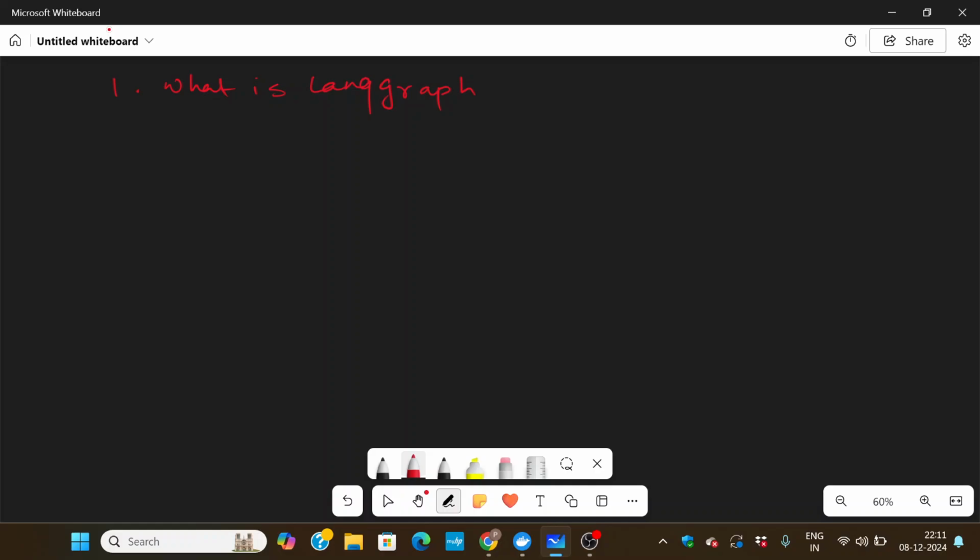So, LangGraph is nothing but it's a framework to work with AI agents. Other popular frameworks in the sector of AI agents are CrewAI, and then we will have AutoGen.